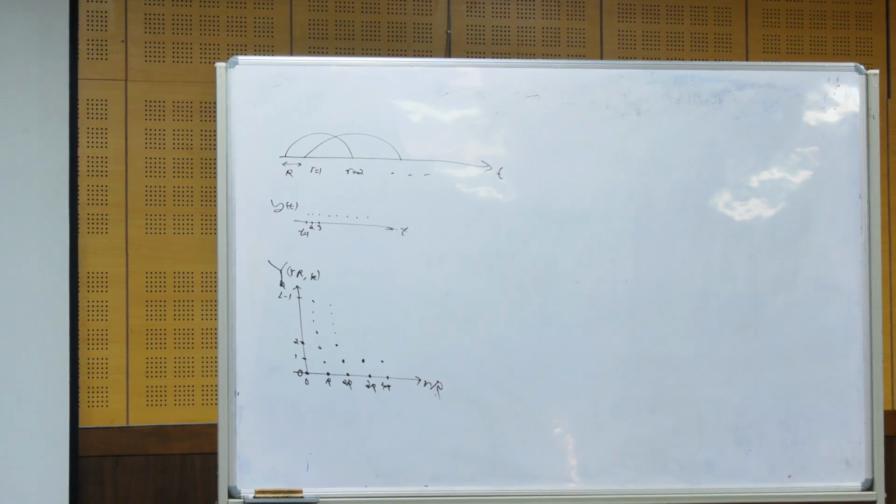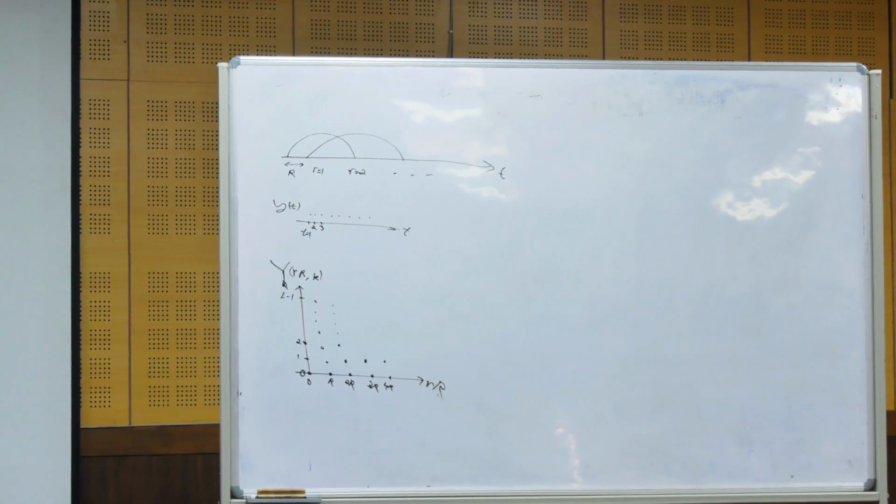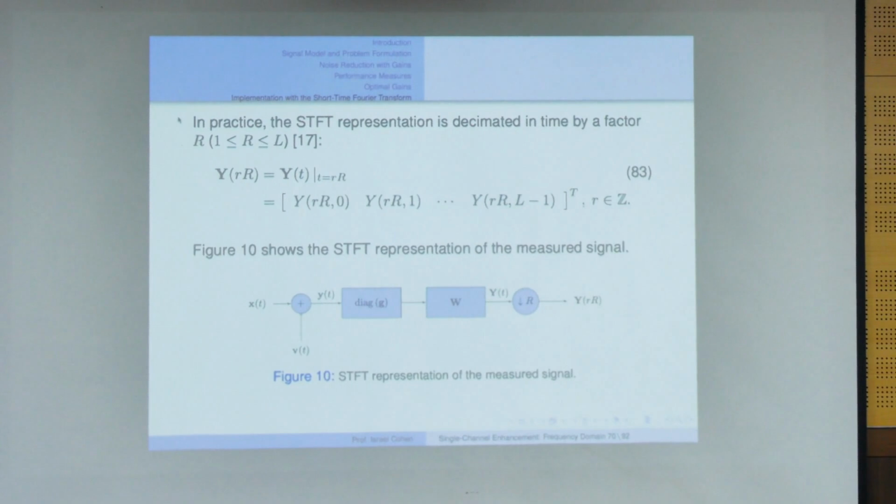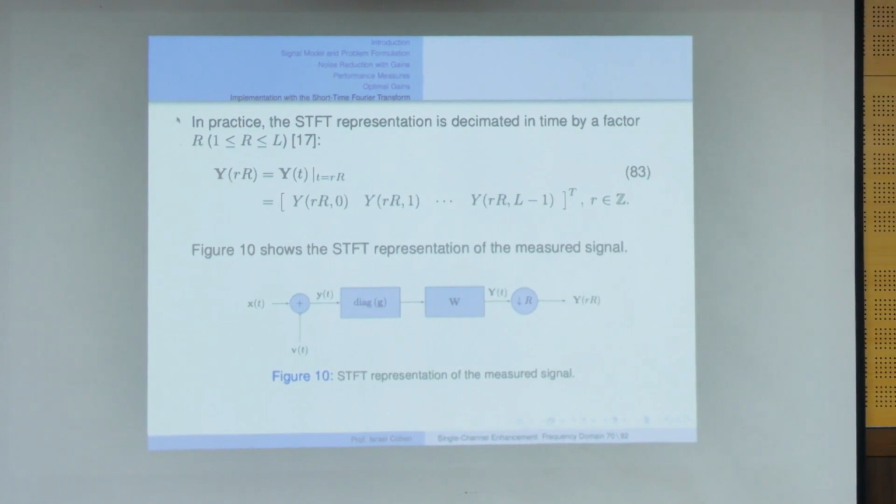Multiplication with the window is similar to multiplication with a diagonal matrix, where the diagonal contains the window values, the window samples, coefficients. Then we do the Fourier transform for that windowed vector. And we get the frequencies for the window for t, and then we downsample. So actually, we don't compute it for every t. We just compute it for indices r.